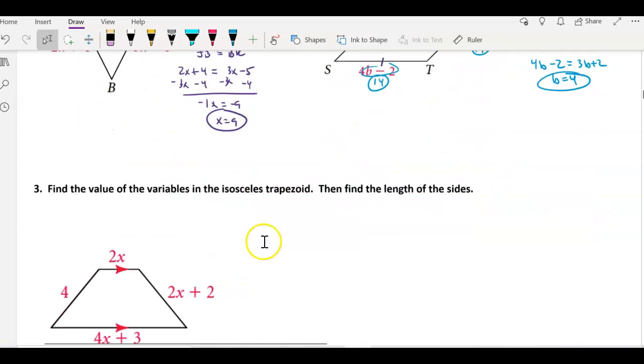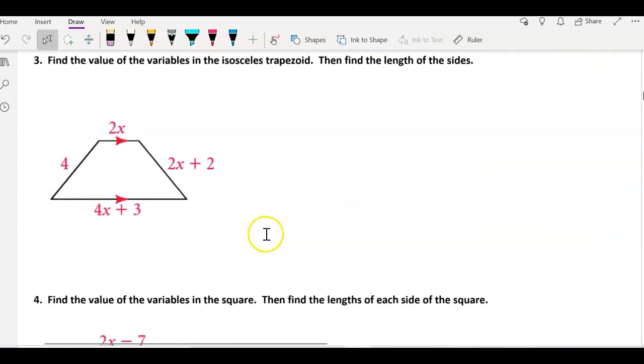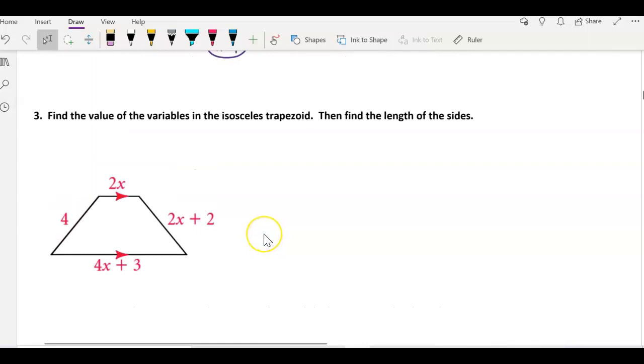All right. Number 3. Since we have an isosceles trapezoid, I know the bases are parallel, but the legs are congruent. So if I wanted to find x, I'm going to use 2x plus 2 is equal to 4. When I solve this, 2x equals 2, x is equal to 1.